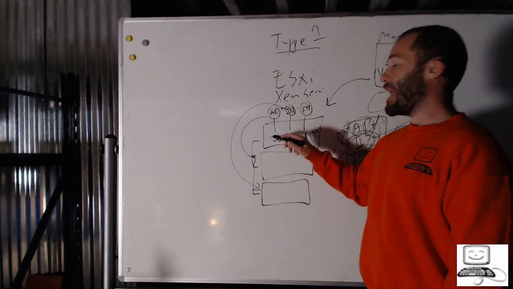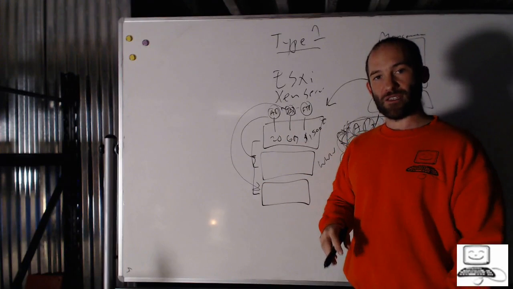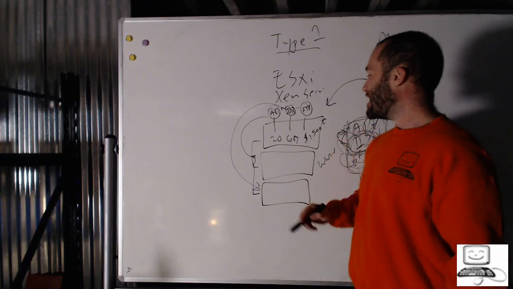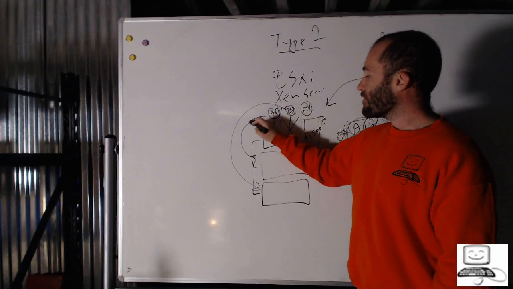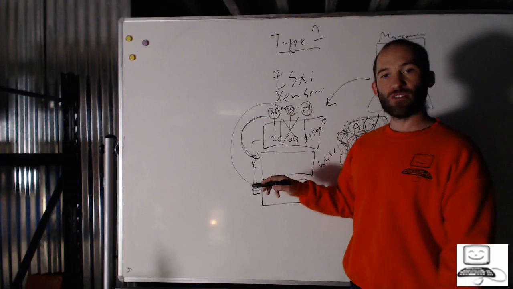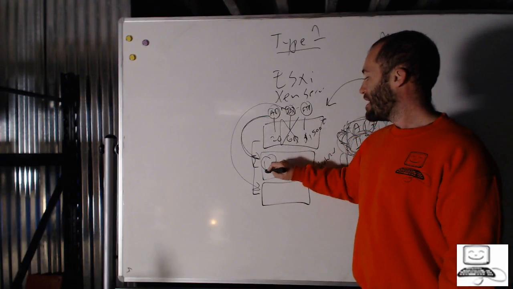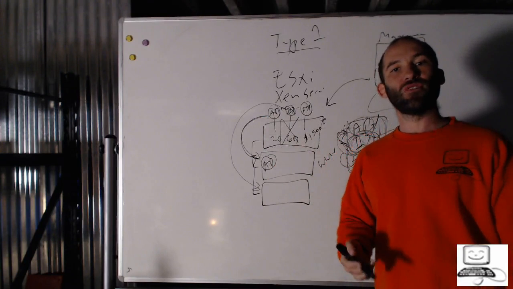So let's say that the power supply in this particular server fails. Well, with virtualization, what can happen is if the power supply fails, these servers will automatically be moved to a different physical server, and everything stays running, and many times the end users don't even realize it happened.